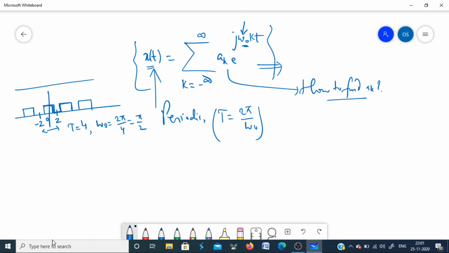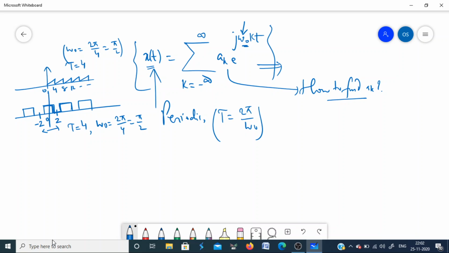So you may have another signal like this. This is 0, this is 4, this is 8, 12, and so on. So the time period for this signal is 4. Again, what is omega naught? It is again 2 pi by 4, which is pi by 2.